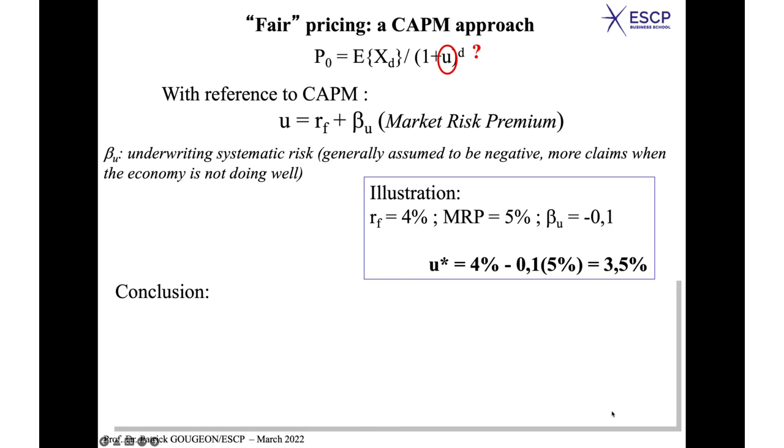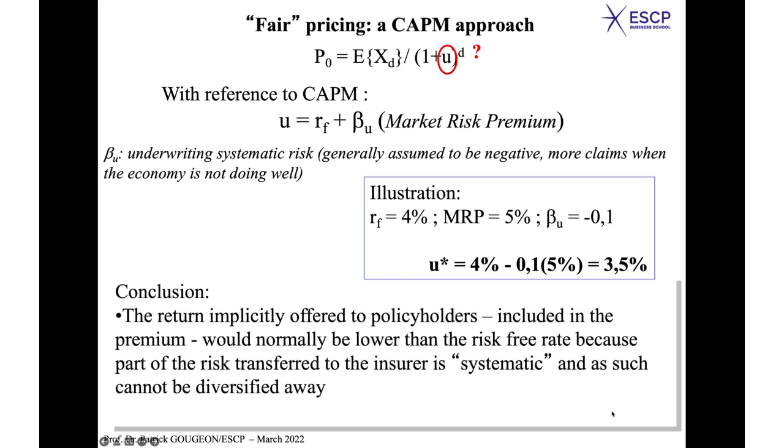Okay. So as a conclusion, the return implicitly offered to policyholders, included in the premium, would normally be lower than the risk-free rate because part of the risk transferred to the insurer is systematic and as such cannot be diversified away.